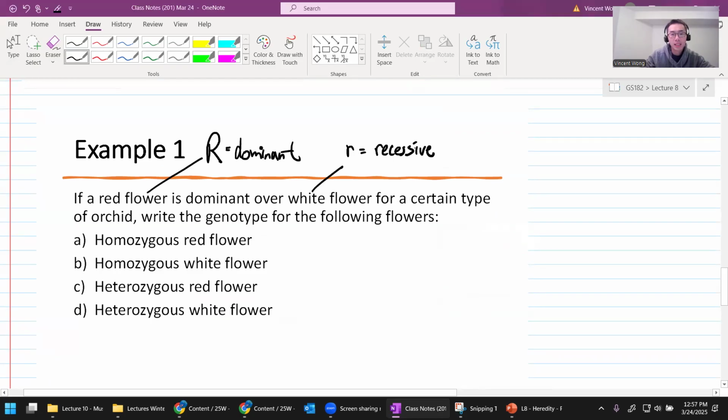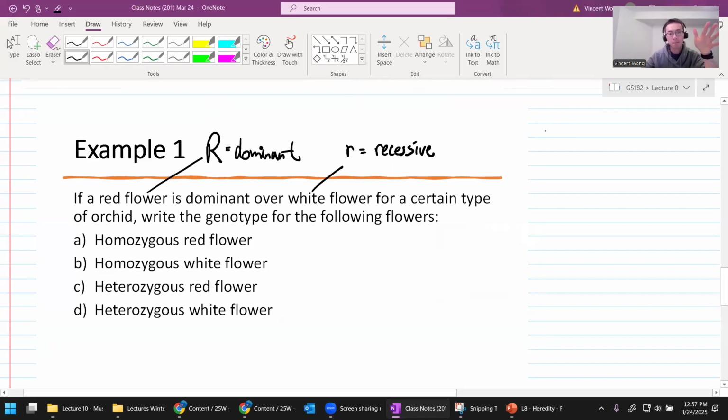Do not ever use different letters for the dominant and for the recessive. Don't use R for red and W for white. Capital letter for the dominant and then the same letter but lowercase for the recessive.